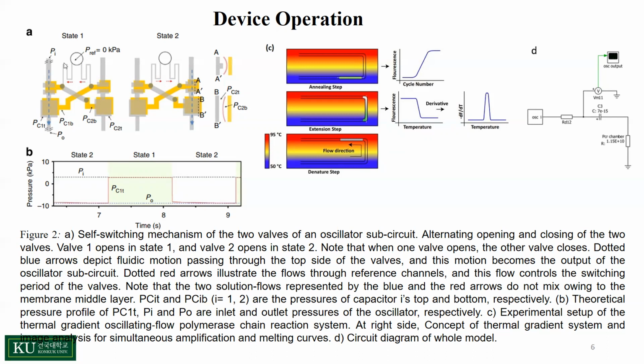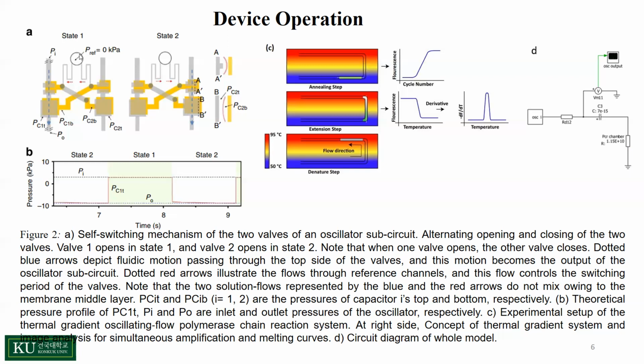After that, the reference pressure is 0, and as valve 2 is closed, in the right side capacitor the top side pressure should be equal to P naught. That means P output, which is minus 9 kilopascal. So the capacitor will deflect upward and create negative pressure at the bottom side also.